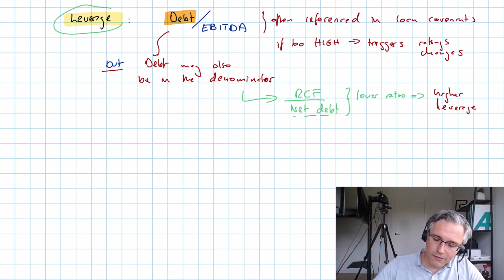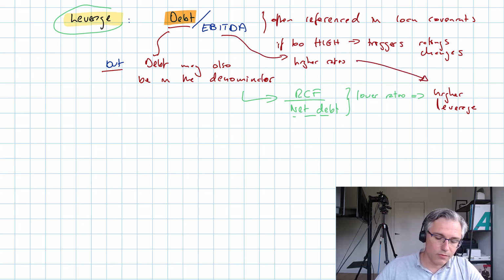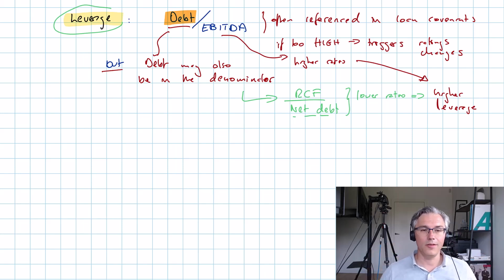On the other hand, if you've got the debt in the numerator, a higher ratio leads to higher leverage when it comes to this one. So you have to be mindful of where the debt element sits to assess what you really want from a corporate issuer.